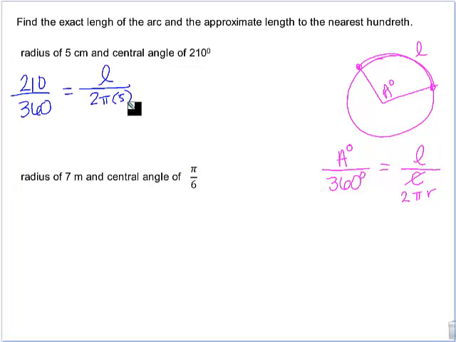So instead of 2 pi times 5, that is 10 pi. Now, if we want to leave this exact, that means we have a pi in our answer. So how do we get the arc length alone? Multiply by what? Yeah, multiply by your 10 pi.